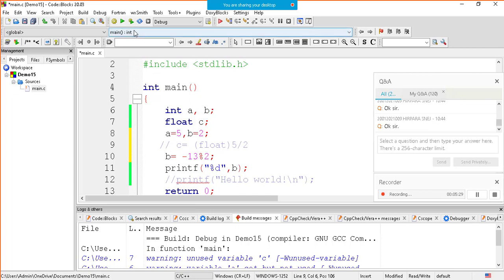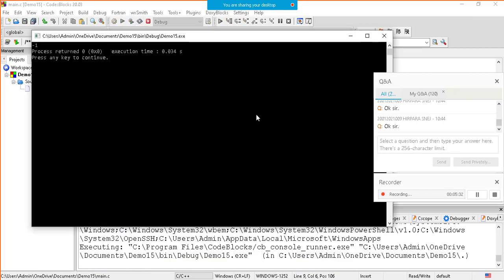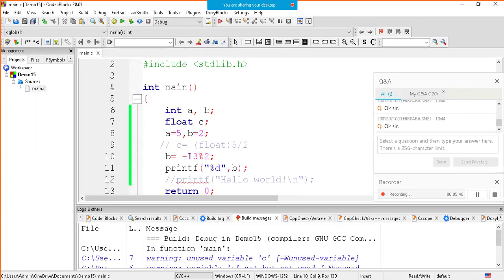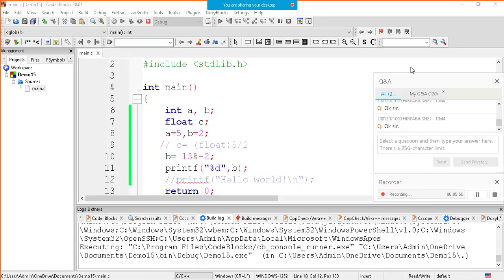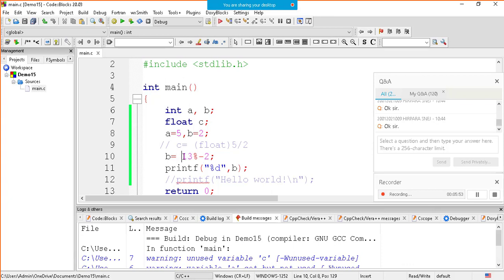So when you run this program, you can see the answer is minus 1. But when you do the reverse, let's say 13 modulo minus 2, the answer is going to be 1 only. Whatever number you have on the left hand side of the modulo, its sign will be the sign of the answer: if plus then the answer is plus, if minus then the answer is minus. This is how the modulo operator works. I hope it is clear to all of you now.